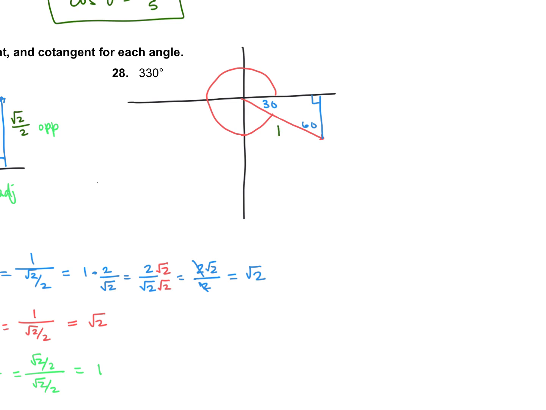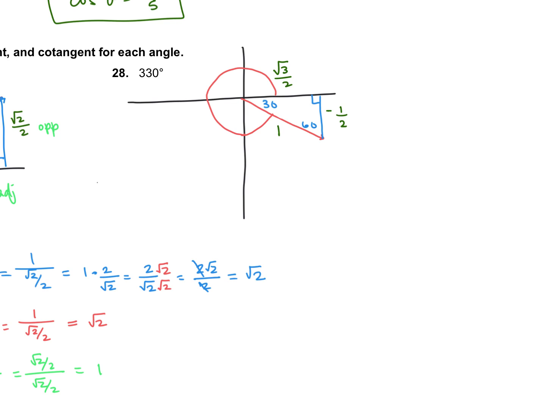The short leg, which is opposite the 30, is half of the hypotenuse, so 1/2. And then the side opposite the 60 is the short leg times the root 3, which simplifies to root 3 over 2. And then we got to check our signs. We're going to the right so that will be positive. We're going down, so this leg will be negative. So we're going to have a negative 1/2.